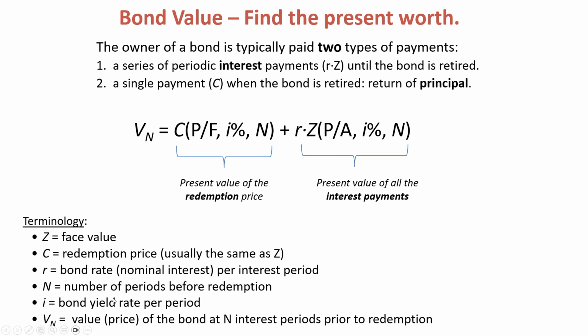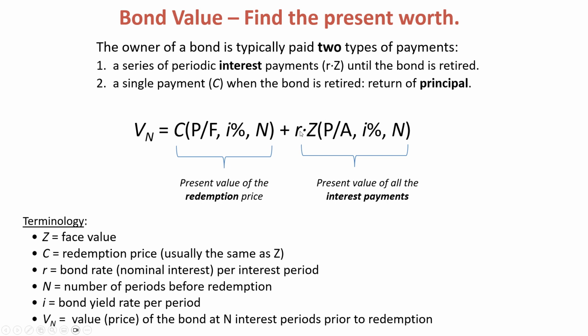There's two different types of interest rates in a bond. There's the yield rate, and then there's the bond rate, sometimes called the face rate of the bond. So the first part is that lump sum. What's the value now? The second part is the value of all the interest payments over time.